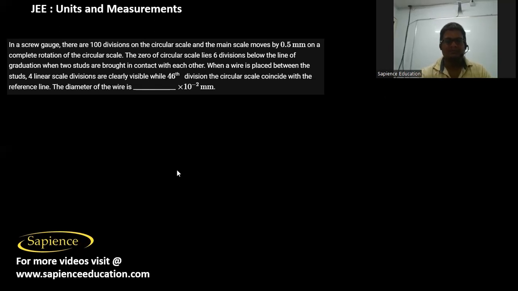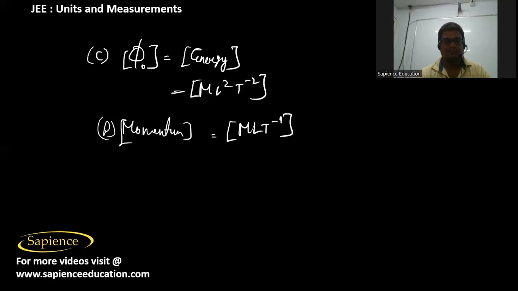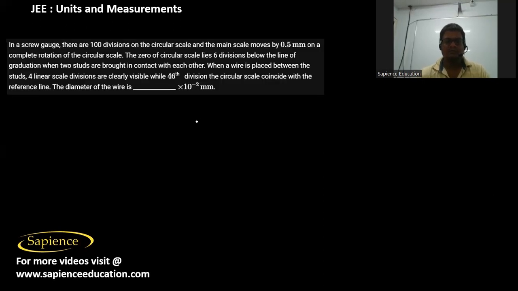So here it is told that in a screw gauge there are 100 divisions on the circular scale, and the main scale moves by 0.5 millimeter on a complete rotation of the circular scale.